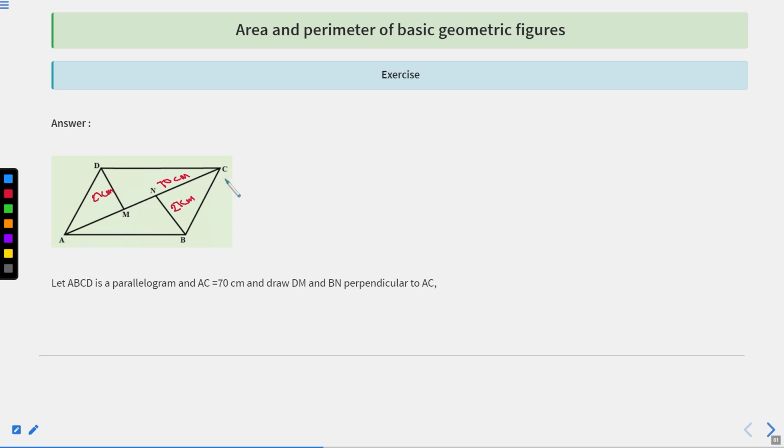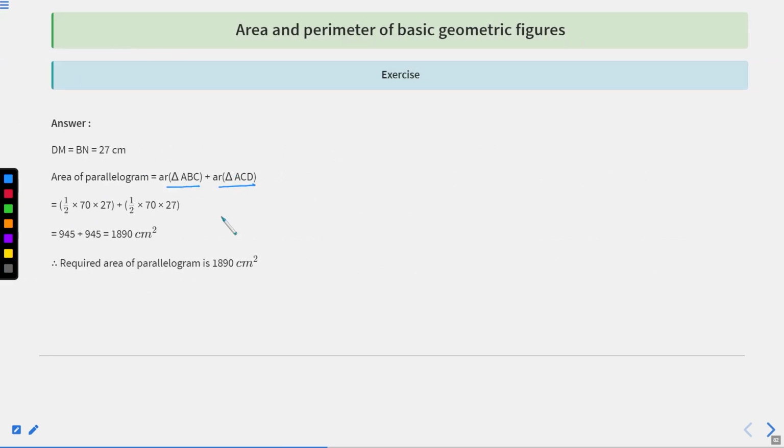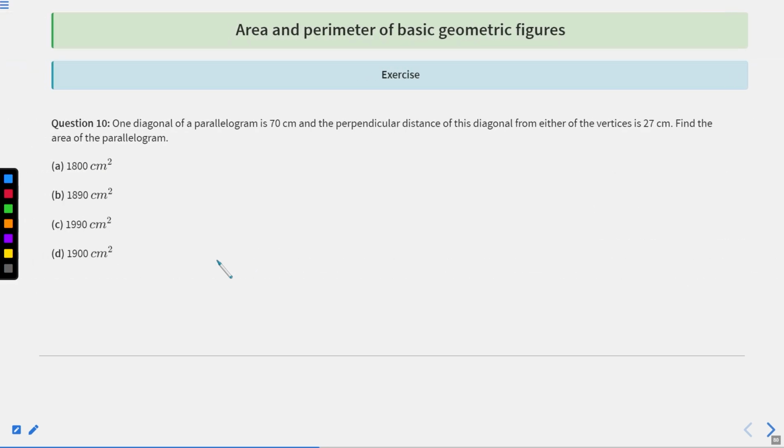So I will use half base into height. Half into 70 into 27 plus half into 70 into 27. That will be 945 plus 945 equal to 1890 centimeter square. So the required area of the parallelogram is 1890 centimeter square. So option B is correct here.